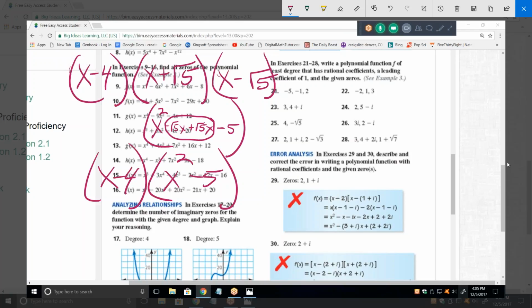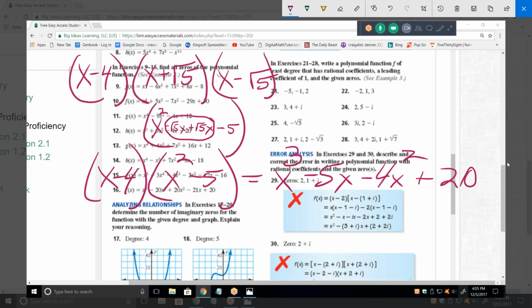Now, go ahead. So x to the third minus 5x minus 4x squared plus 20.